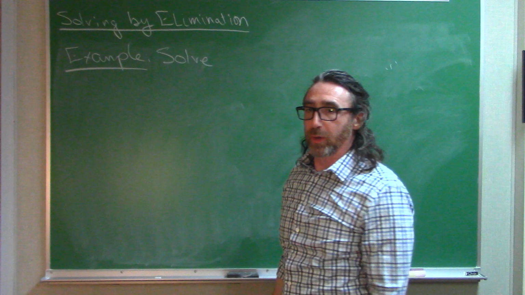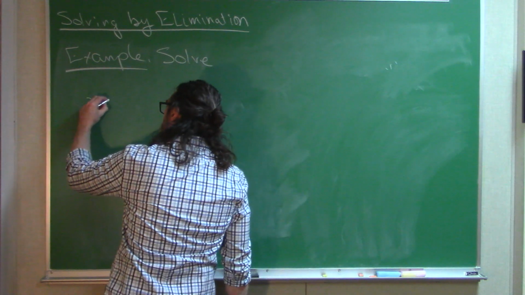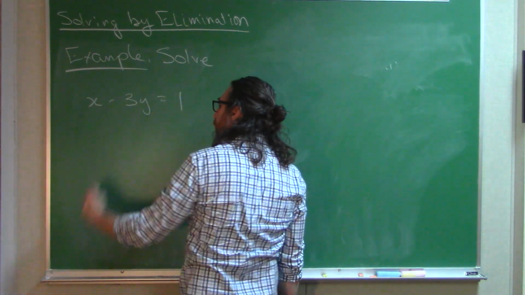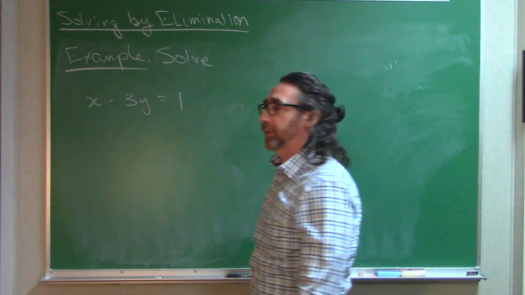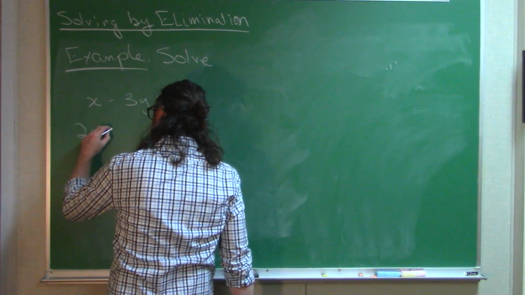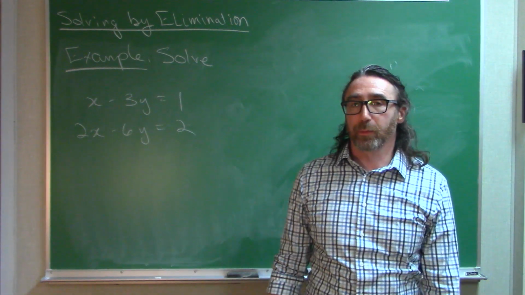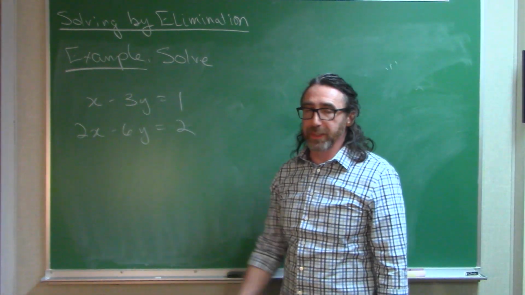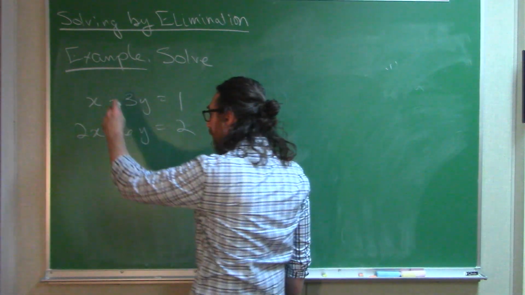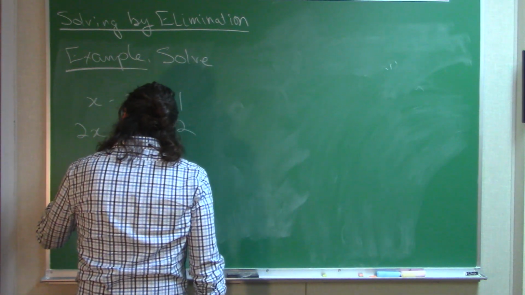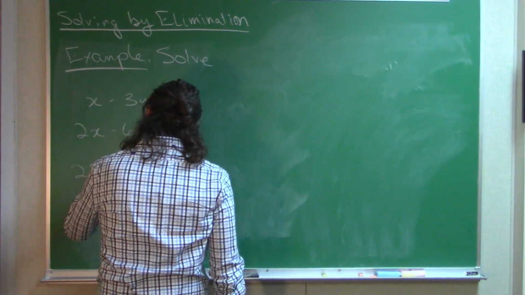In this last one, I want to try this. x minus 3y equals 1. 2x minus 6y equals 2. Okay, so once again, I'm trying elimination here. So I'll take 2 equation 1.